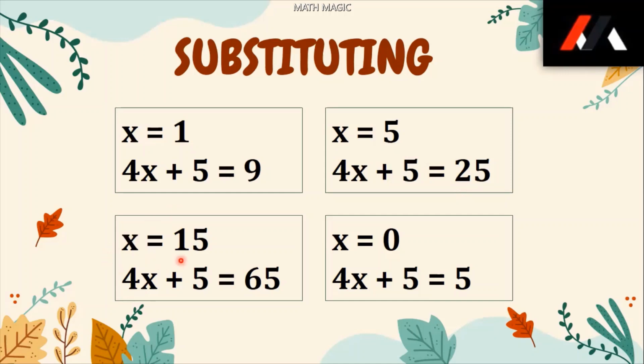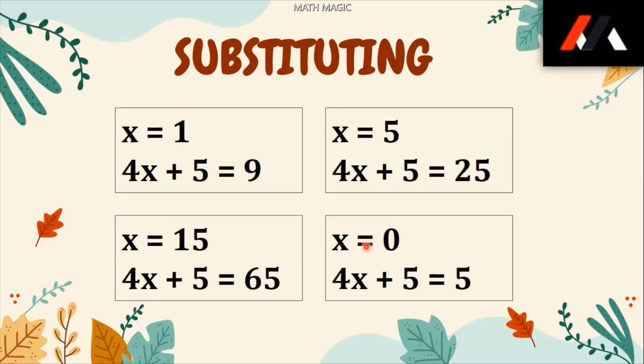Now x is equal to 15. I have to substitute the value of x as 15 in 4 times x plus 5 is equal to 65. 4 times 15 plus 5 is equal to 65. 4 into 15 is nothing but 60, and 60 plus 5 is equal to 65.